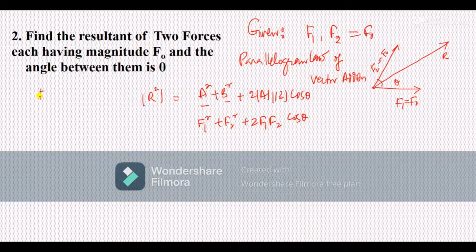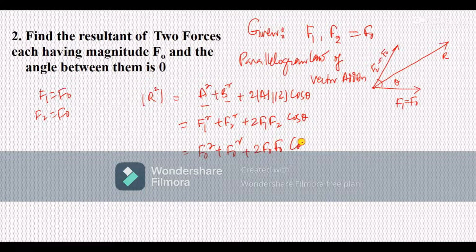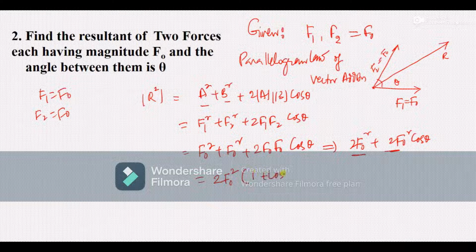We got F1 equal to F naught as well as F2 equal to F naught. So we substitute F naught in each one, because both are the same magnitude of force. So this goes to 2 F naught squared plus 2 F naught squared cos theta. These two terms have a common factor, so taking it outside, it becomes 1 plus cos theta. So this is on the right hand side, and the left hand side is R squared.